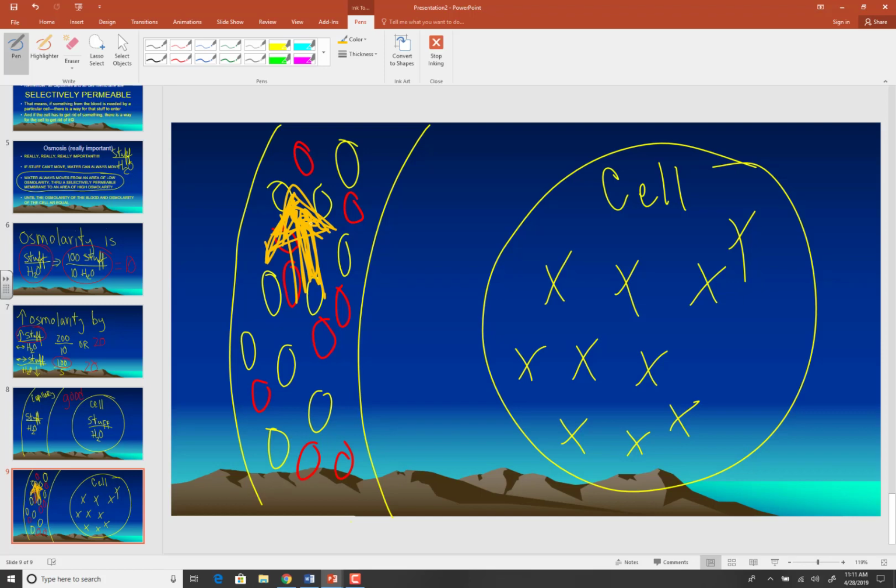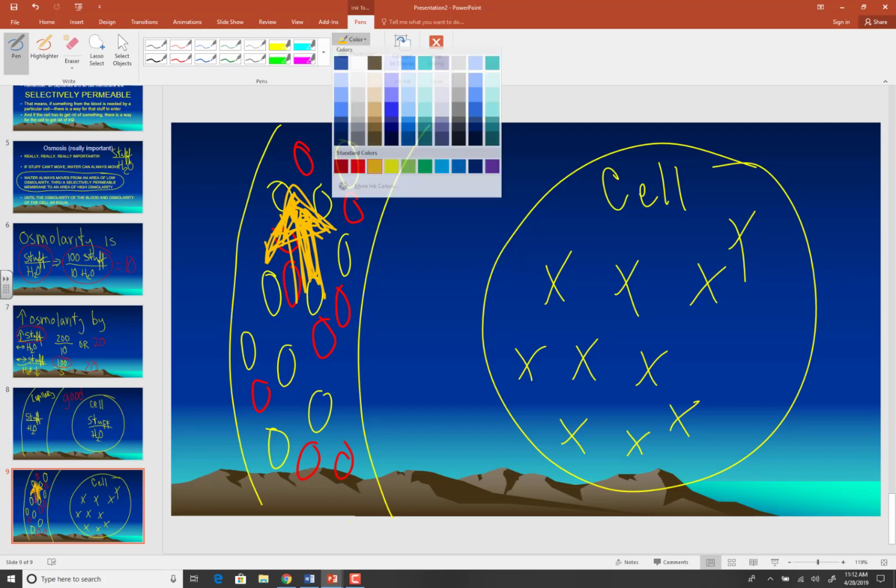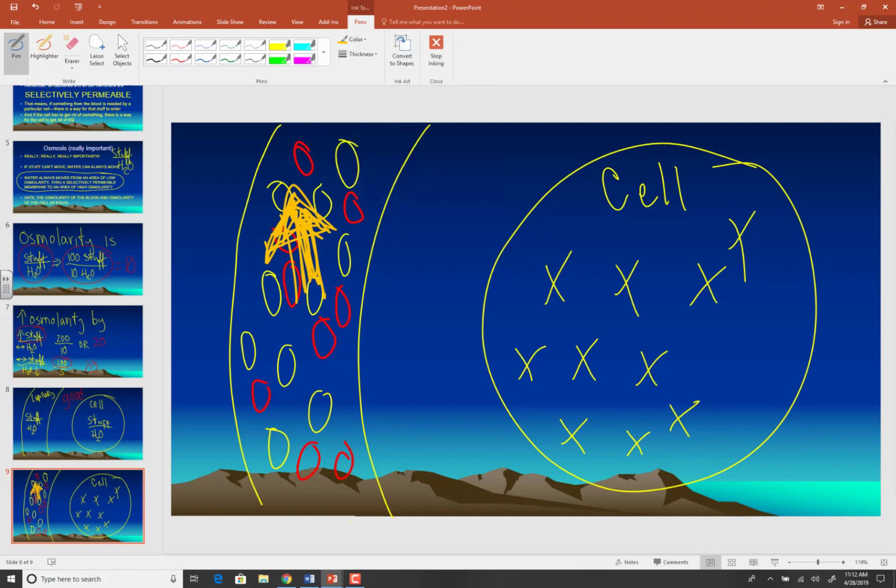Now, if this stuff cannot move from the blood into the cell because it's impermeable, and it clearly is. You see that arrow disappearing? I didn't do that. If this stuff can't go from the blood into the cell, now we got a problem.